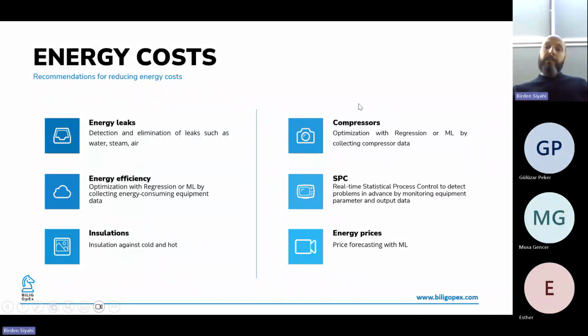One of the most energy-using pieces of equipment is compressors. With compressors, if you can collect compressor data, by using machine learning or regression methods, or currently there are some companies that use IoT systems to collect that data, and by collecting that data they also use machine learning apps and software, you can improve the compressor energy efficiency as well.